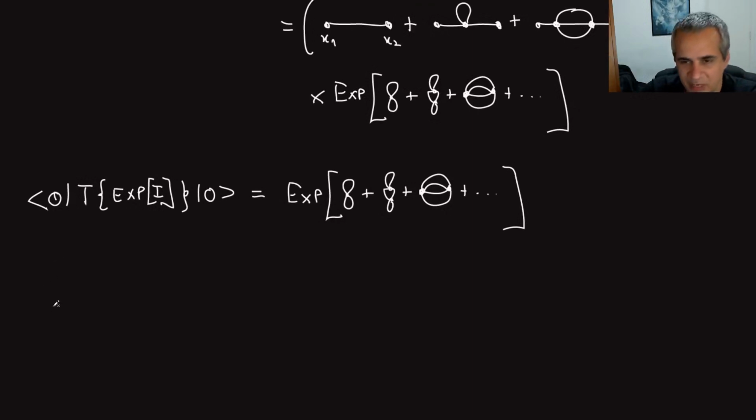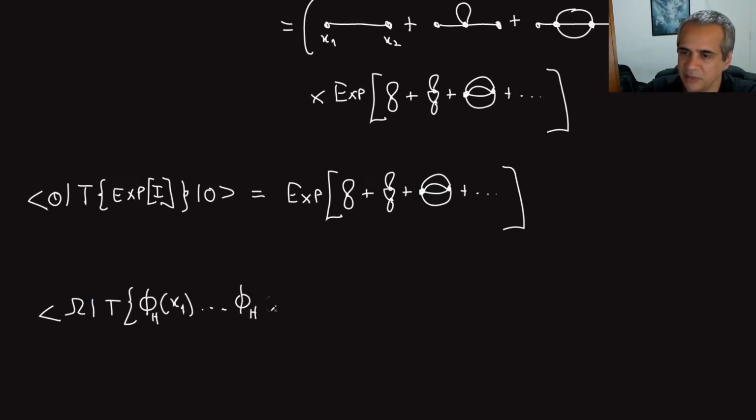So if you look at Feynman diagrams, now I go back to <omega|T of some product of operators x1, ..., xn|omega>, where in this side of Feynman's theorem these are in the Heisenberg picture. This is just the sum, with the limit, everything you already know, of connected diagrams.